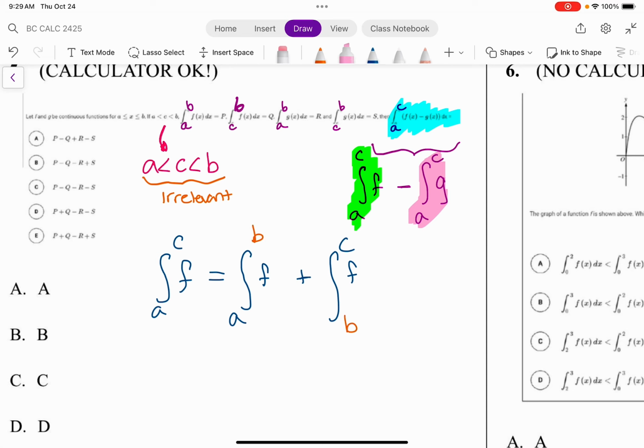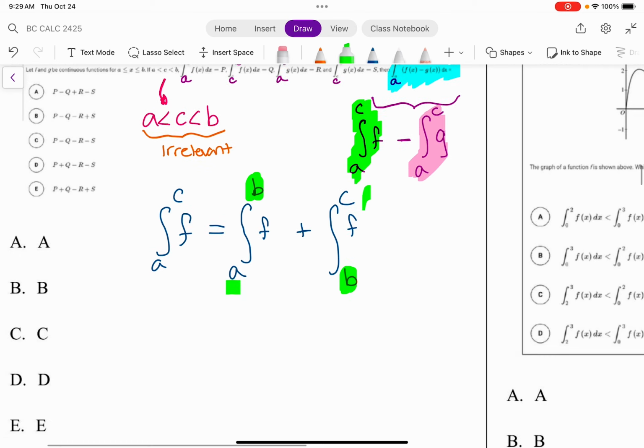I know this makes it look like b is in between a and c, but it doesn't matter how all of these relate to one another. This property of integrals is powerful enough to work no matter what. So all you focus on is that these match. This needs to match with this. And of course, your a and your c need to give us what we want in our original integral.